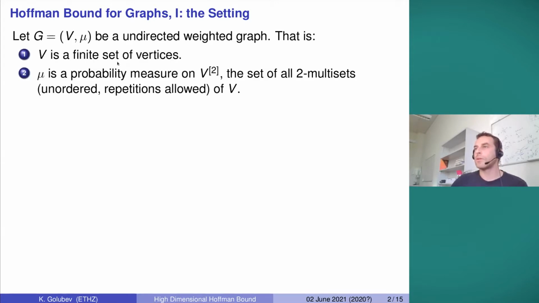So, as I said, the power of 2 means all 2-multisets of V. And the edges are just the support of mu, so every pair which has non-zero measure.